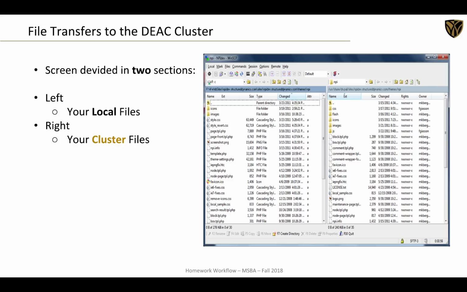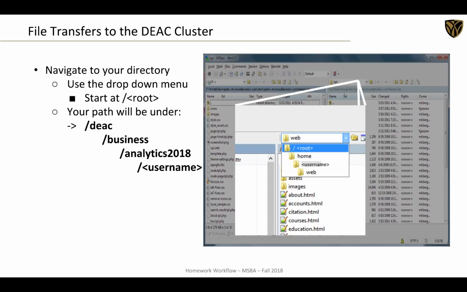From here, you will want to navigate to your research directory by clicking the drop-down menu from the bar above the right pane. Your path should be /deac/business/analytics and year, followed by your username.